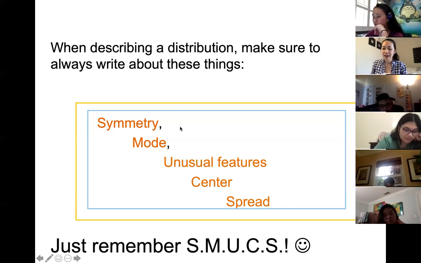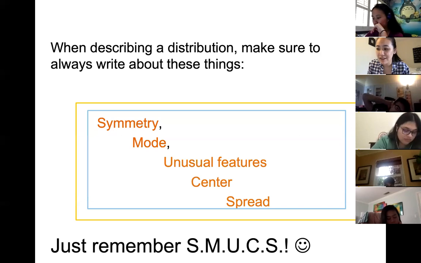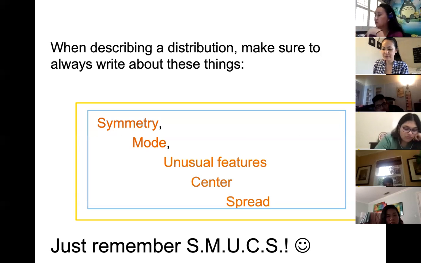On your notes, I think you have the acronym SMUX, but I don't have the words there for you. So go ahead and write in what each letter of SMUX stands for: symmetry, mode, unusual features, center, and spread.